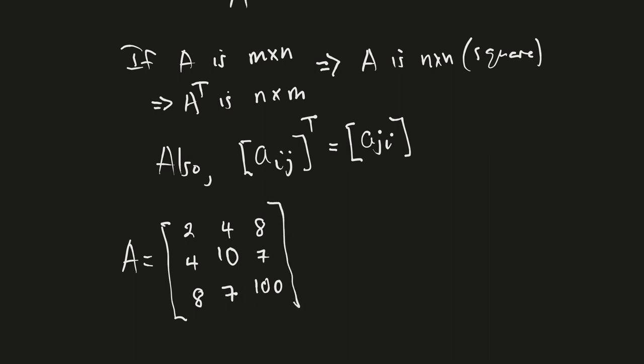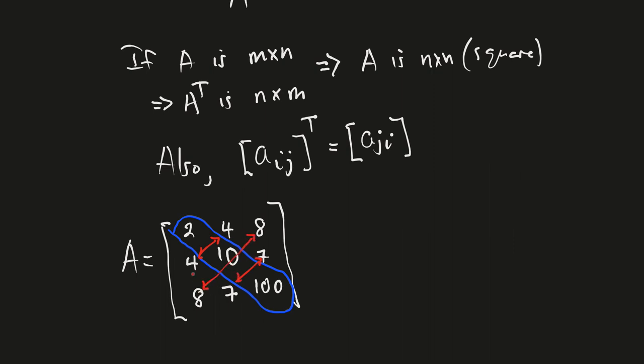So in symmetric matrices, there is a symmetry with respect to the main diagonal. The upper triangle here is a mirror image of this triangle here. There is the 4, there is the 7, and there is the 8.